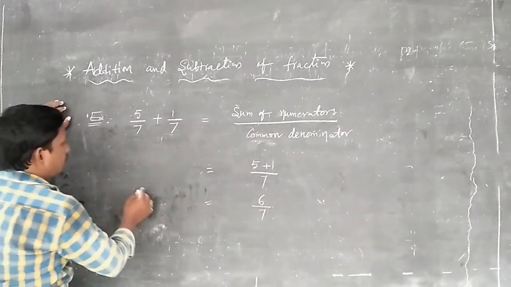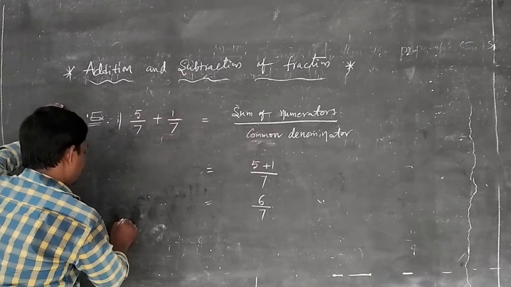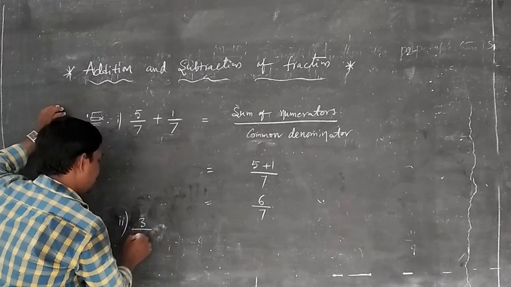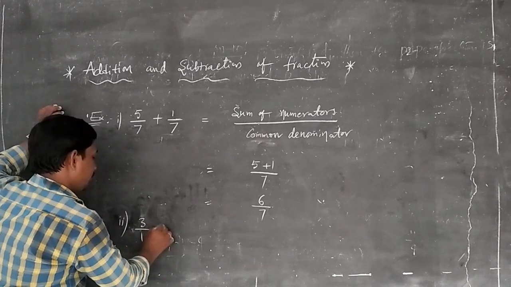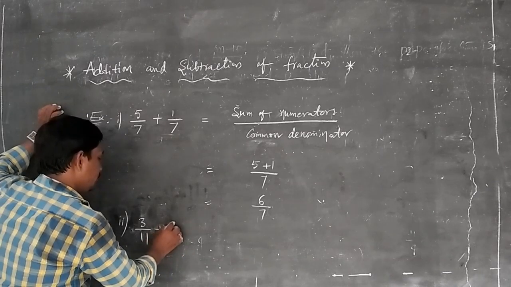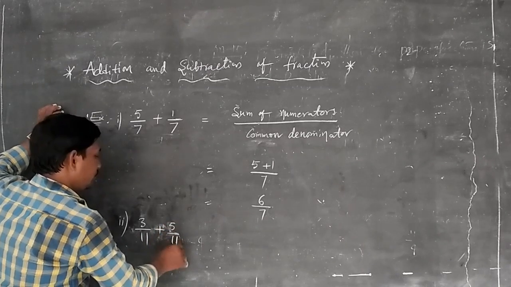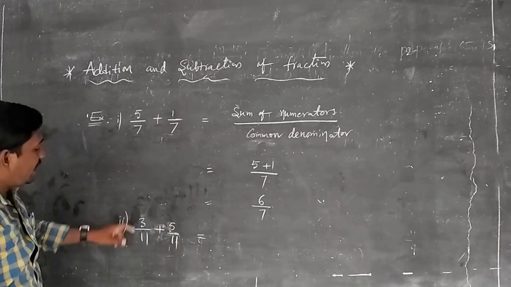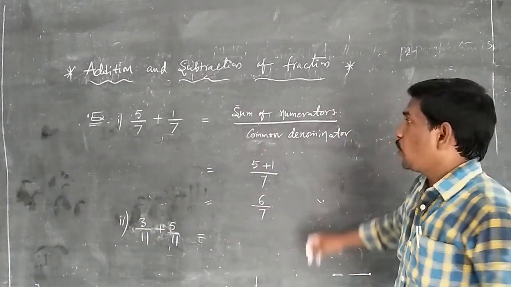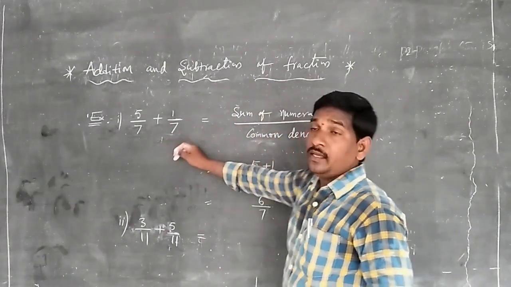And another example. 3 by 11 and 5 by 11 both are like fractions. What is the property when you are adding like fractions?